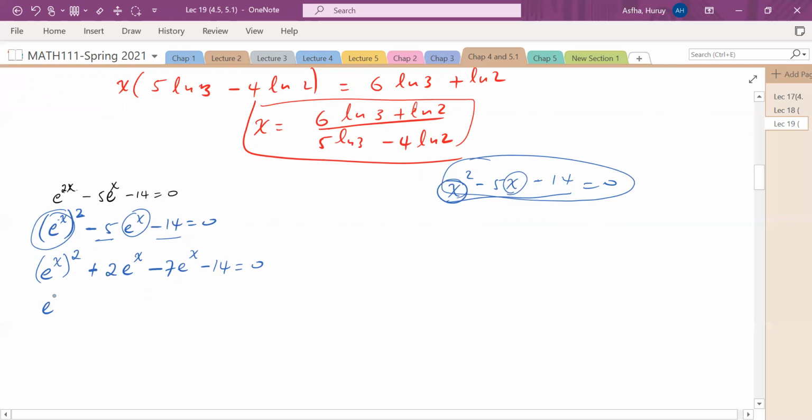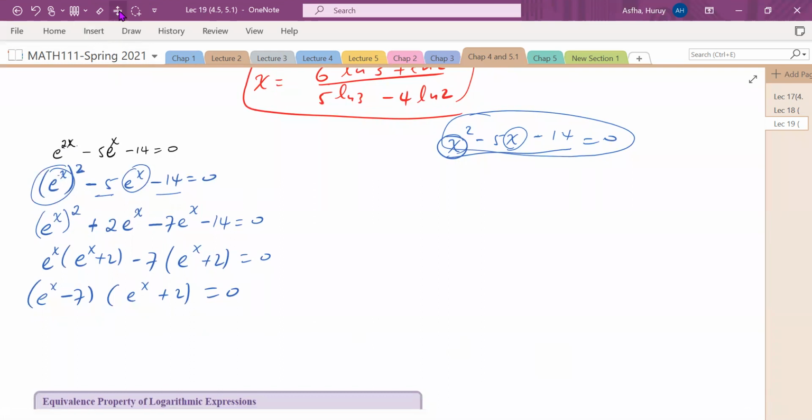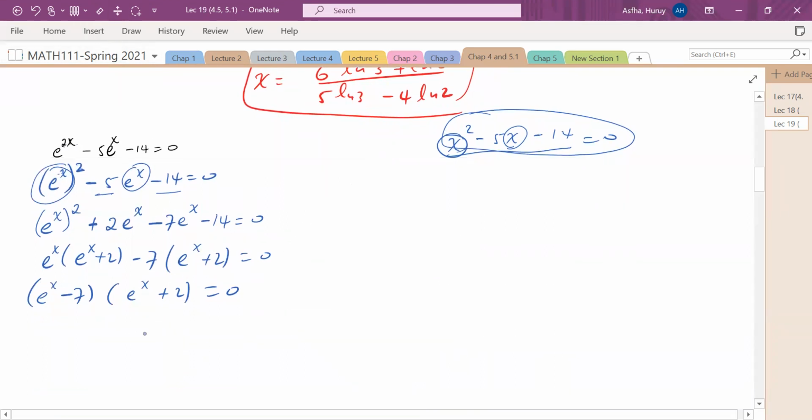Factoring out e to the x, we get e to the x plus 2, minus 7, factoring out negative 7, e to the x plus 2 equals 0. So we have e to the x minus 7 and e to the x plus 2 equals 0. Now from here, what do we get? We get e to the x equals 7, and from here, we get e to the x equals negative 2.